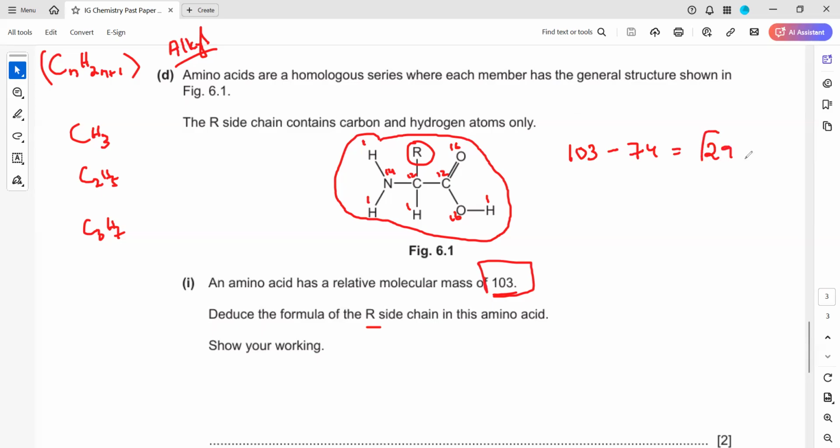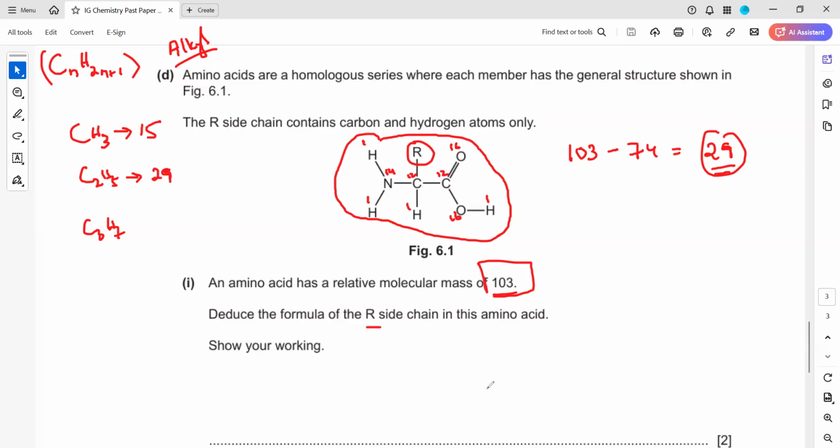So if it contains 29, how many carbon atoms and hydrogen atoms are there? If CH3 was there, the total mass should be 15, but this is not 15. If C2H5 is there, what should be the total mass? 29.